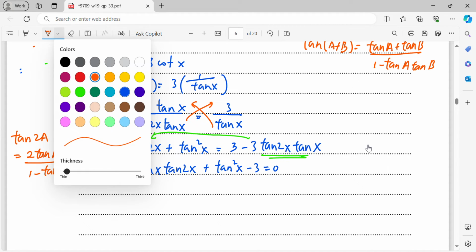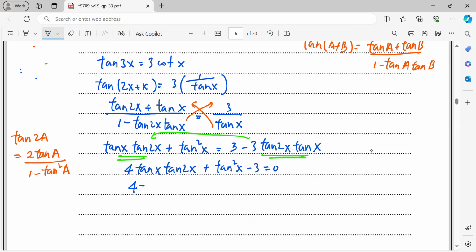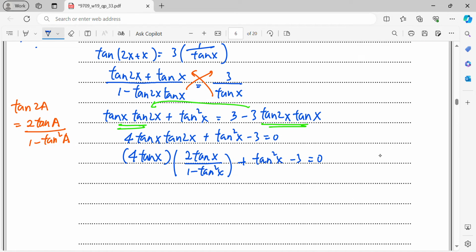That means now here I will be getting 4 tangent x, then 2 tangent x over 1 minus tangent square x. Okay, then from here I can just times the whole equation by 1 minus tangent square x.